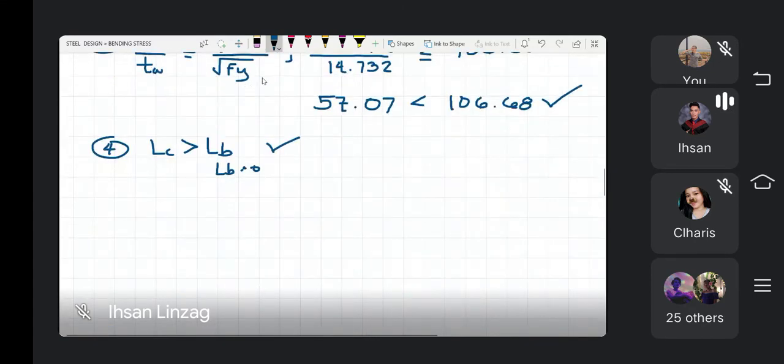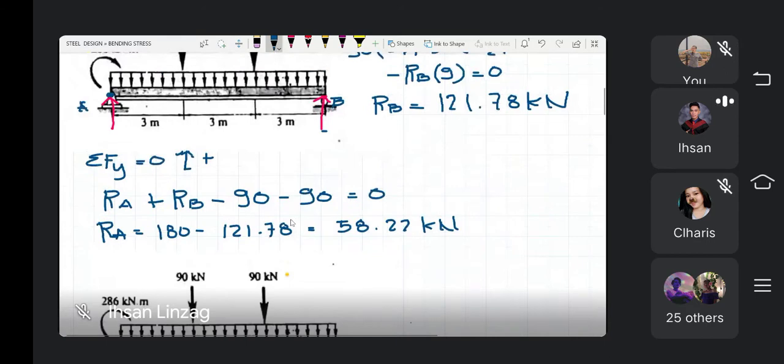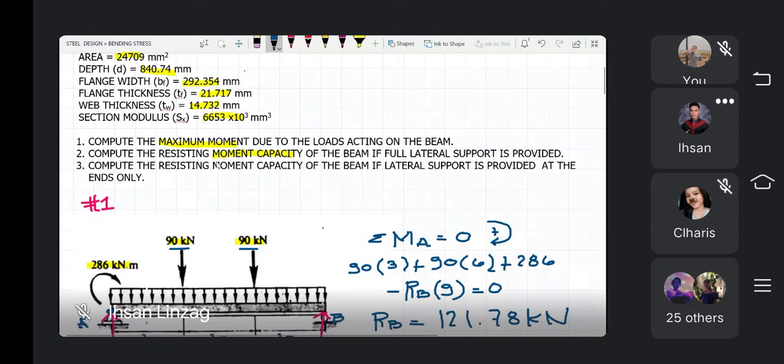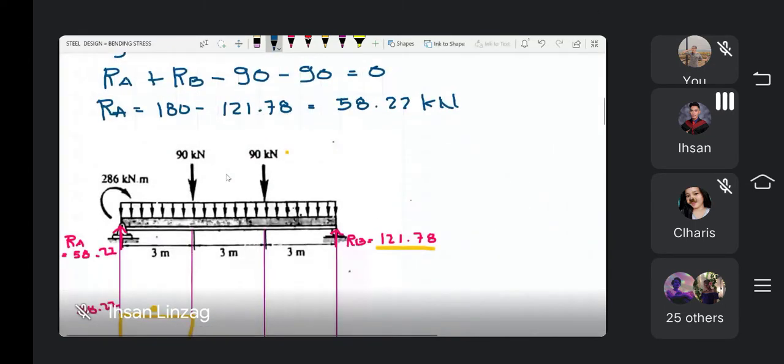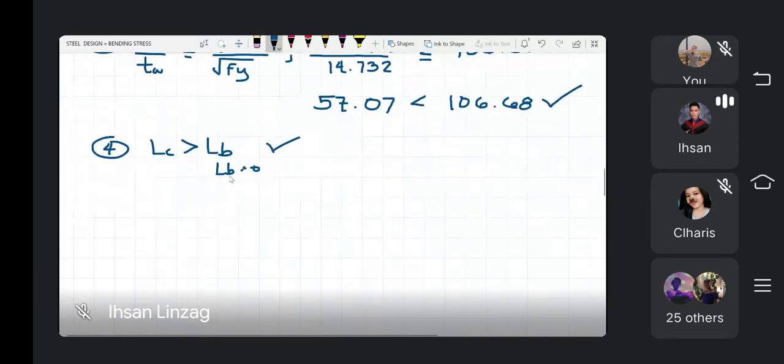Once na compact yung section natin, our allowable bending stress, why do we need to get the allowable bending stress pala? For us to get the resisting moment. Kinukuha natin yung allowable bending stress for us to get the resisting moment because allowable bending stress, i-equate natin siya sa MS. So what is the allowable bending stress if compact yung section?